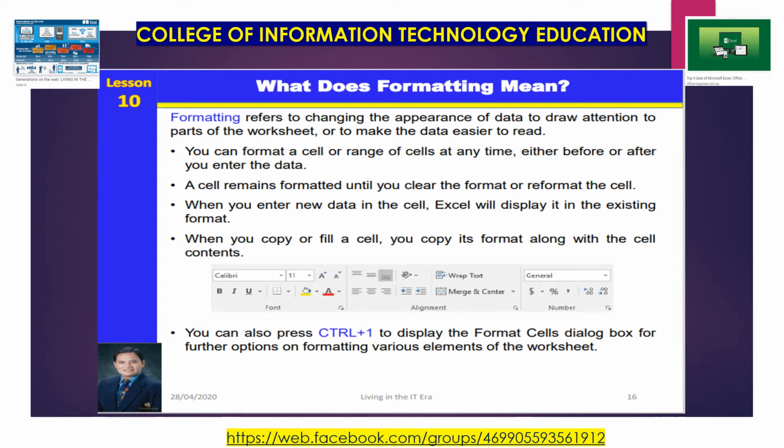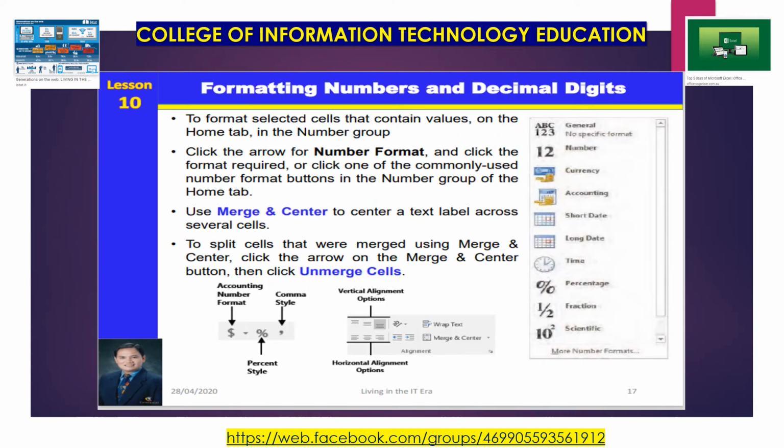So when you enter new data in the cell, Excel will display it in the existing format. When you copy or fill a cell, you copy its format along with the cell contents. You can also press Ctrl+1 to display the Format Cells dialog box for further options on formatting various elements of the worksheet.